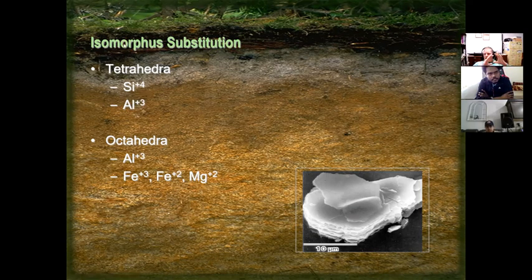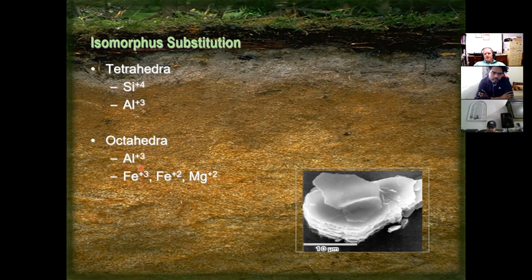So our shape has stayed the same. That's what the iso means. Same form. But we've gone from a +4 to a +3, and we've got a net negative charge now. Now, the same thing can happen in the octahedral sheet where we get an aluminum that can be replaced with either iron.